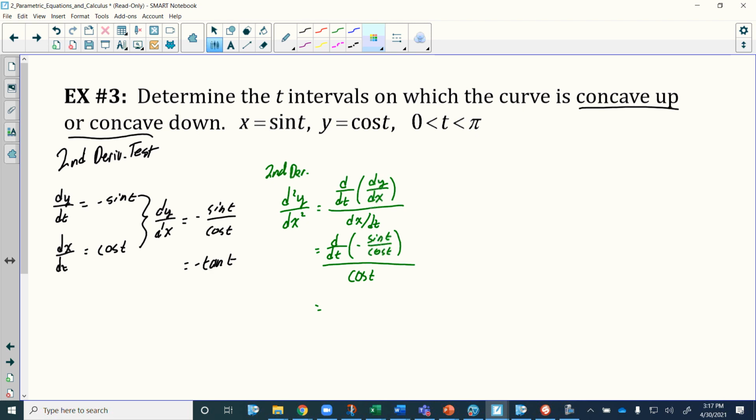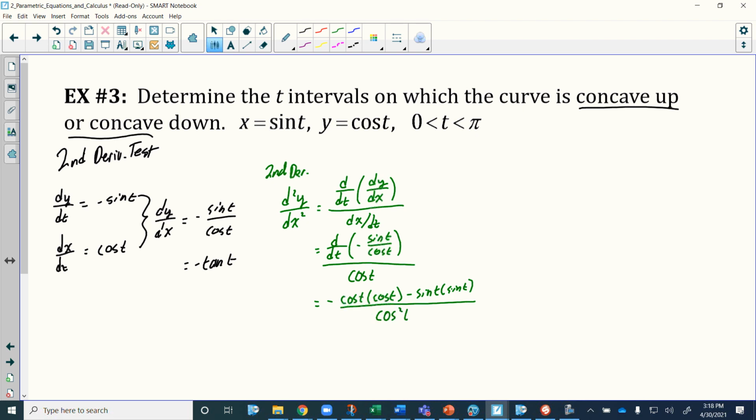This one is going to give me negative cosine of t times cosine of t, minus sine of t times sine of t, over low low, which would just be cosine squared of t.